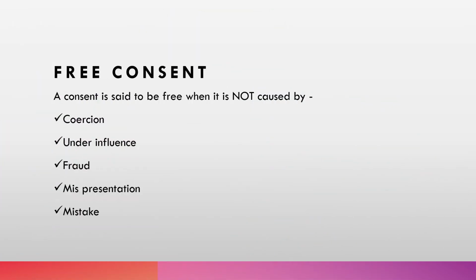The next concept is free consent. What is free consent? As I have said, free consent means both the parties should be free to take their decisions. A consent is said to be free when it is not caused by the following.